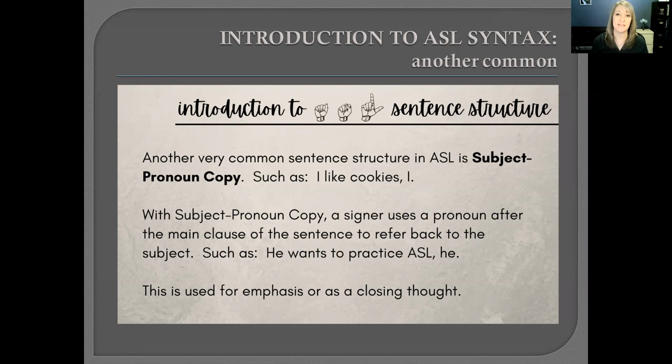Basically, you just say the subject again, such as he wants practice ASL, he. The subject pronoun copy is often used for emphasis. No, he wants to practice ASL, not someone else. He does. Or as a closing thought. He wants to practice ASL. He. I'm done. Like, period.